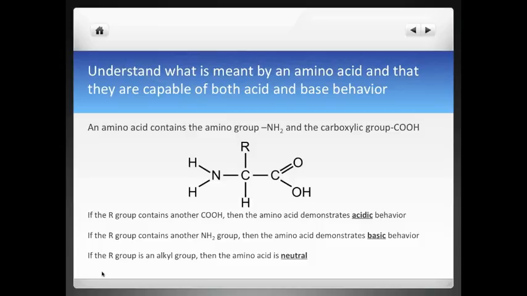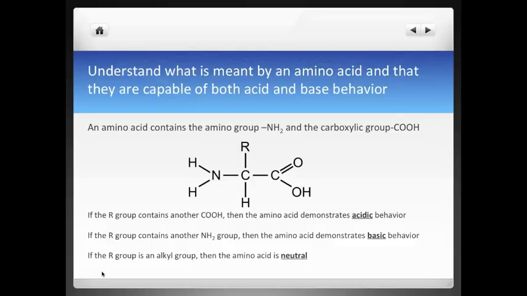The acid and base behavior is unique because if you look at an amino acid, it contains both a carboxylic acid group and an NH2 or an ammonia group. If the R group contains another COOH or carboxylic acid group, then the amino acid demonstrates acidic behavior.